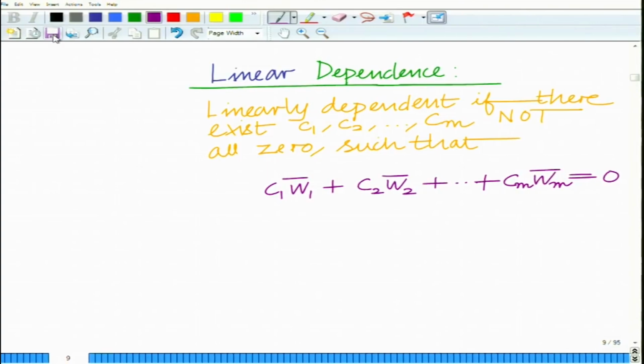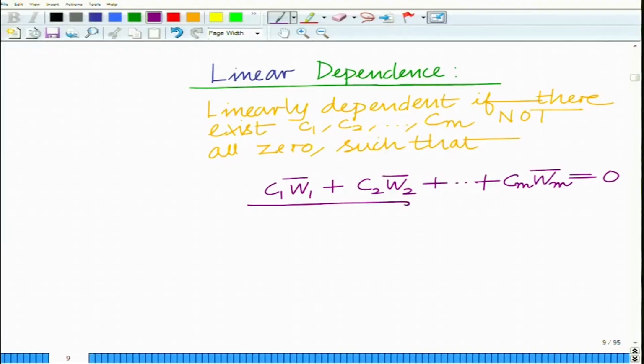So, if there exist these weights C1, C2, Cm such that not all of them are 0 and the linear combination of the vectors w bar 1, w bar 2, w bar m is 0, then these vectors w bar 1, w bar 2, w bar m are linearly dependent. Okay. So, this is basically a linear combination.